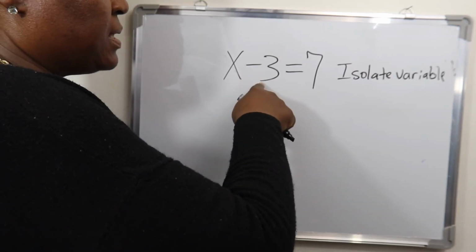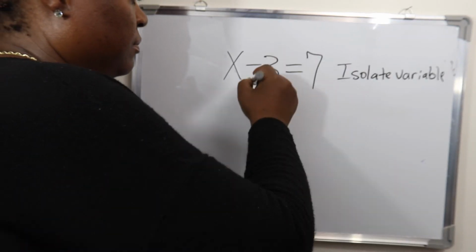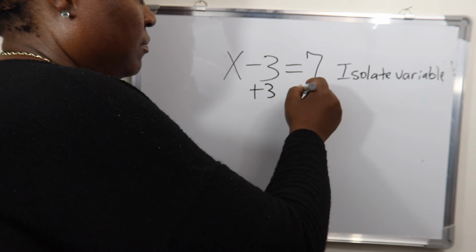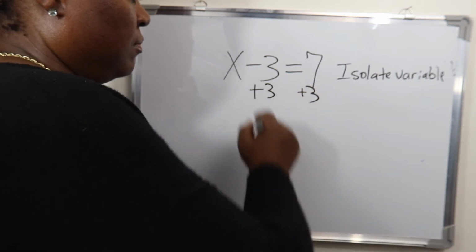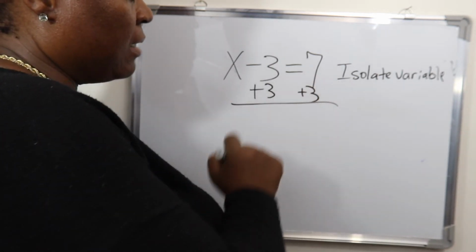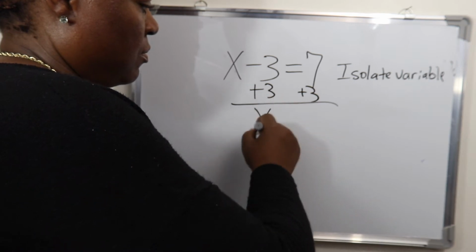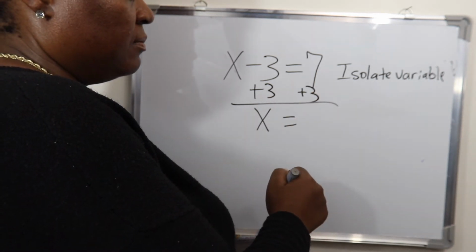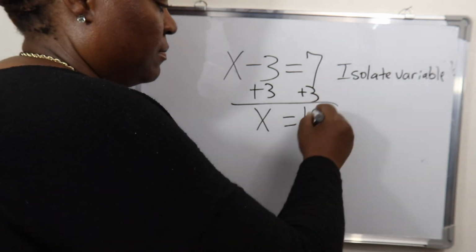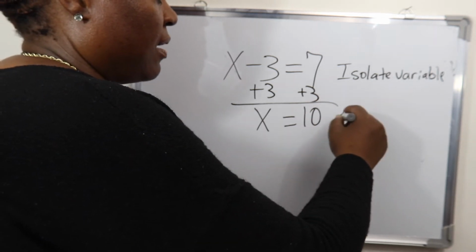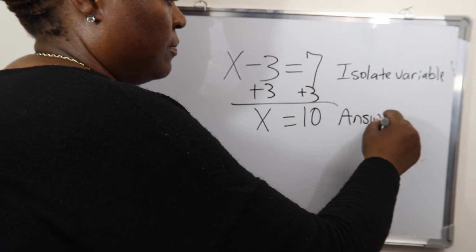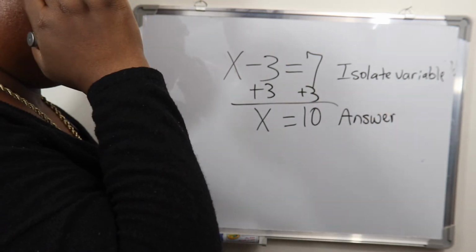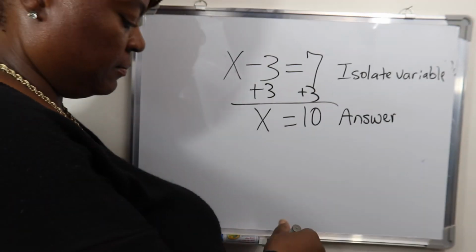So we need the opposite of negative 3. That becomes 0. 7 plus 3 is 10. So we're at our answer. Okay?